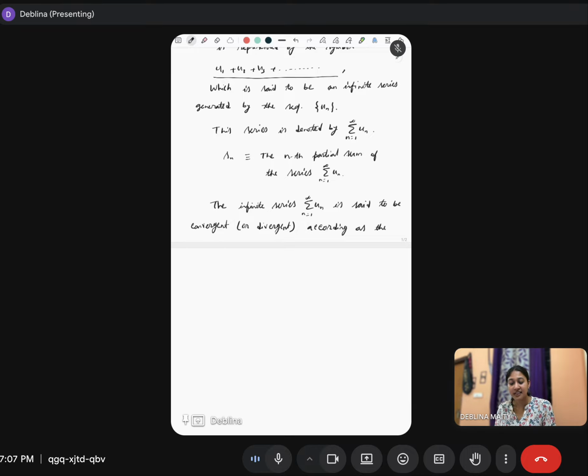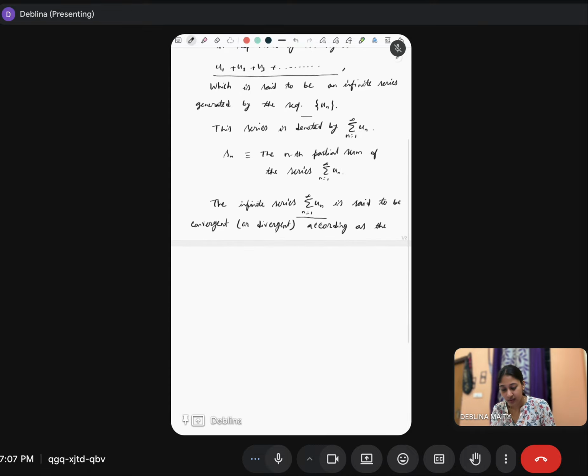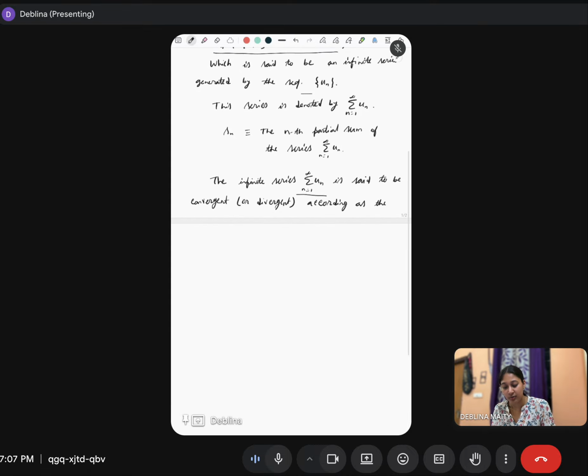This infinite series is convergent means the sequence Sn is convergent, because this sum is actually the sequence Sn, right?